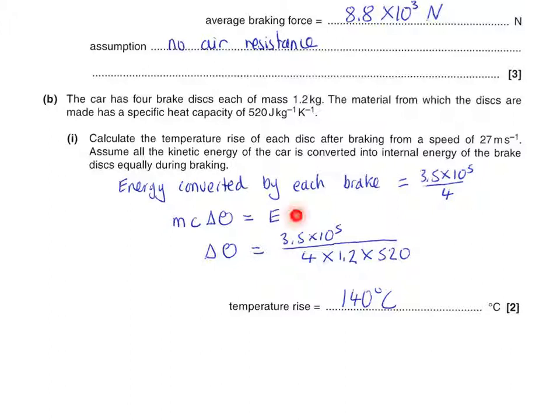So either thinking of the total energy divided by 4 as the amount of energy that's got to be dissipated by each brake, and then dividing by the mass of one brake times c, or thinking of the total energy and the total mass, 4 times 1.2 kilograms times c, and we end up with a temperature rise of 140 degrees C.